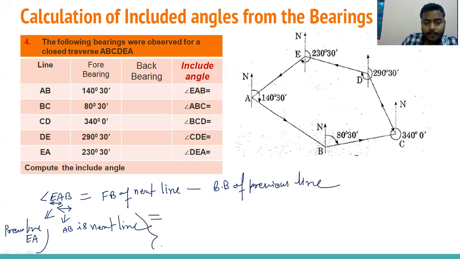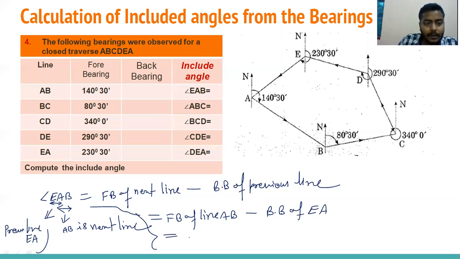Now, we can calculate the fore bearing of the next line, that is AB, and the back bearing of line EA. The fore bearing of line AB is given, that is 140 degrees 30 minutes, minus the back bearing of line EA.